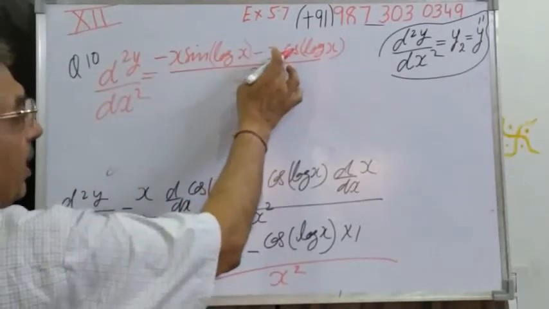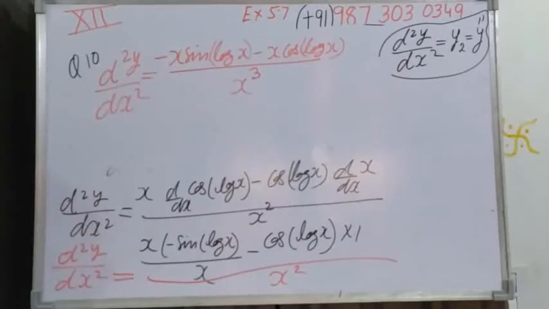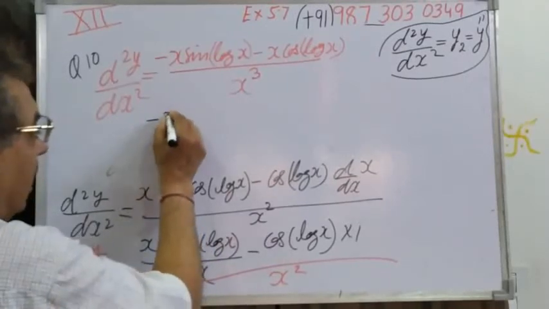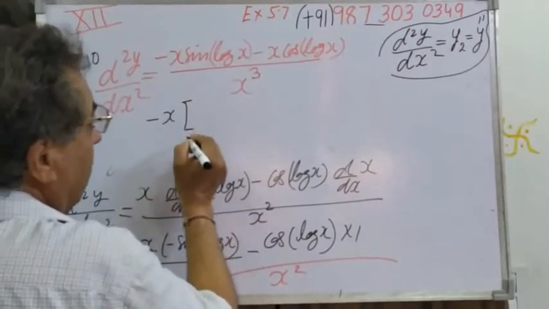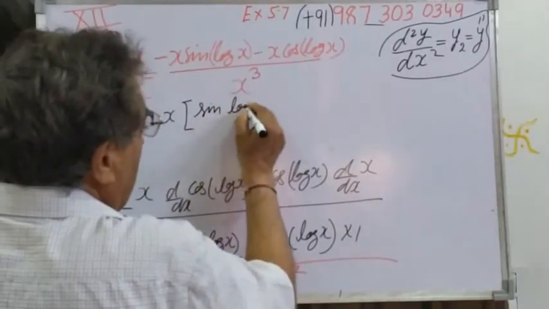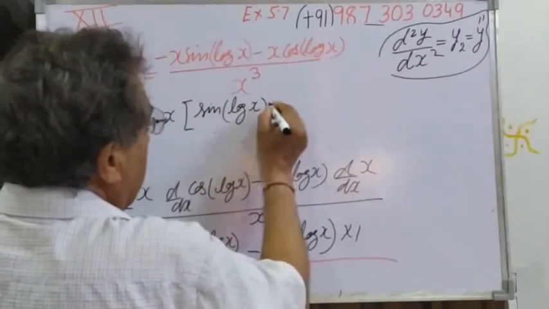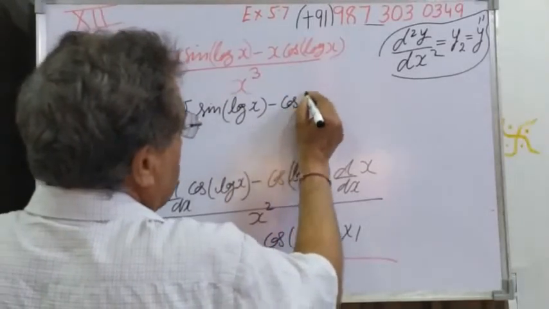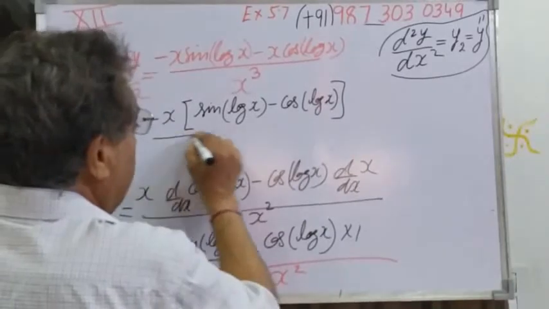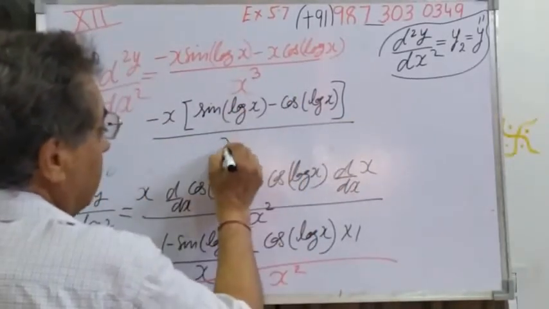Now in the numerator we can take the minus x common, if you want a little bit of further simplification. Let us take minus x common, and the end answer comes to be sine log x minus cos of log x, divided by x cube.